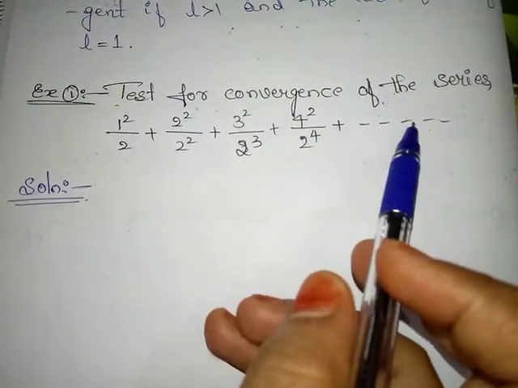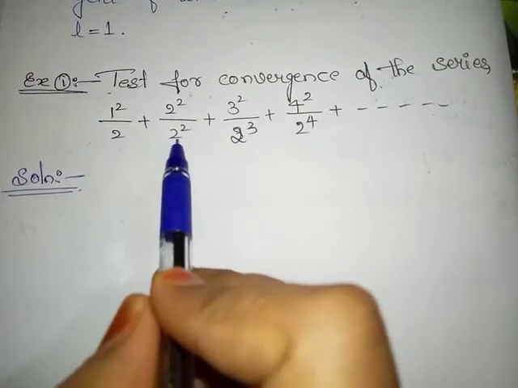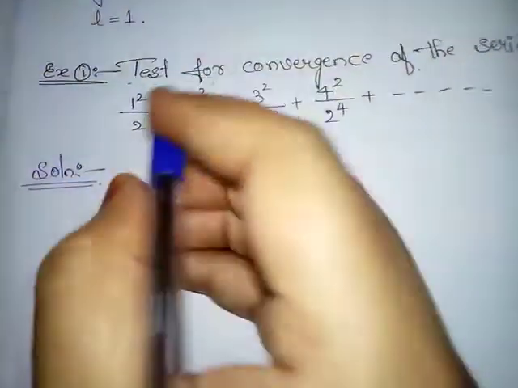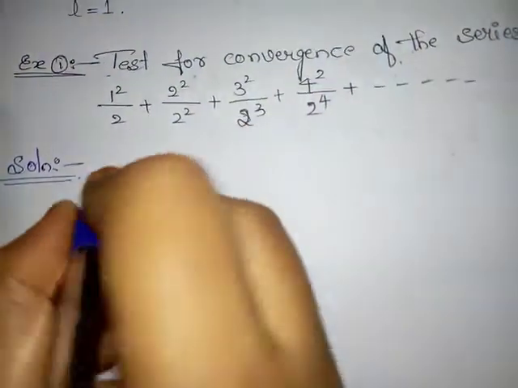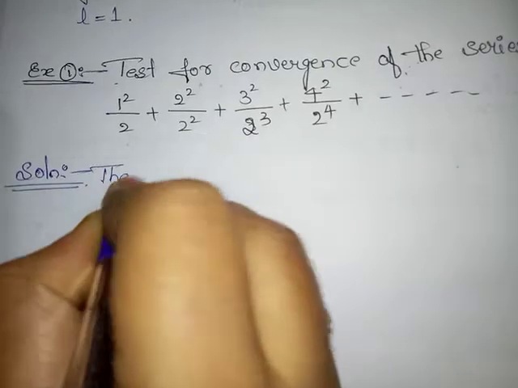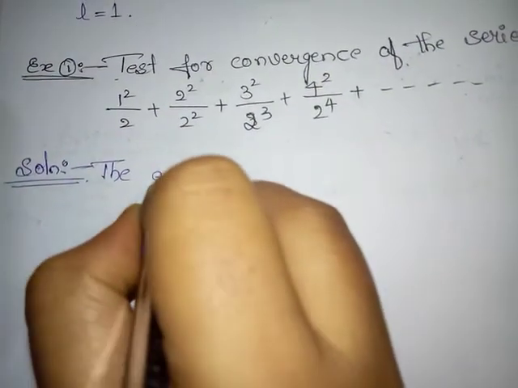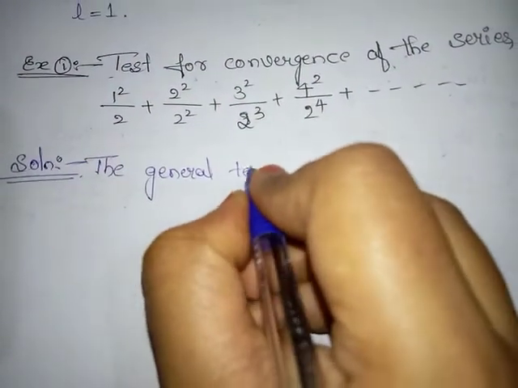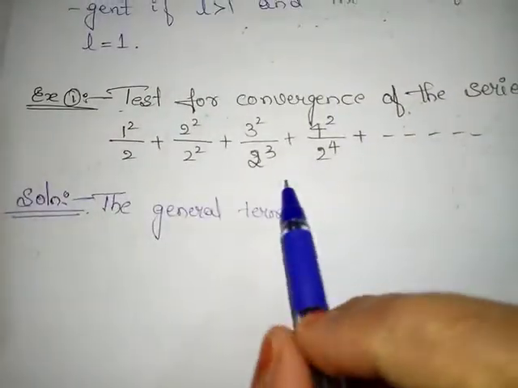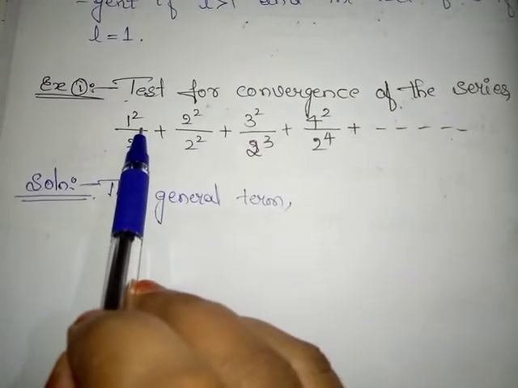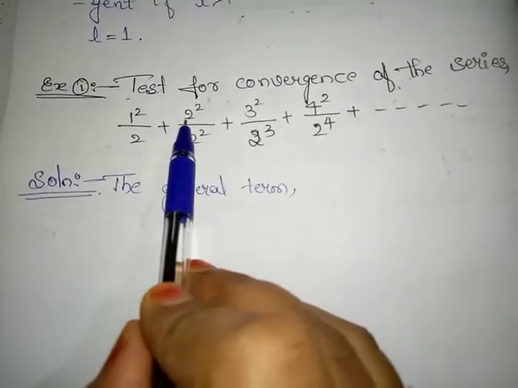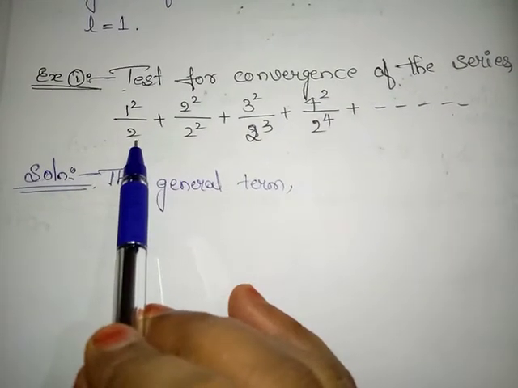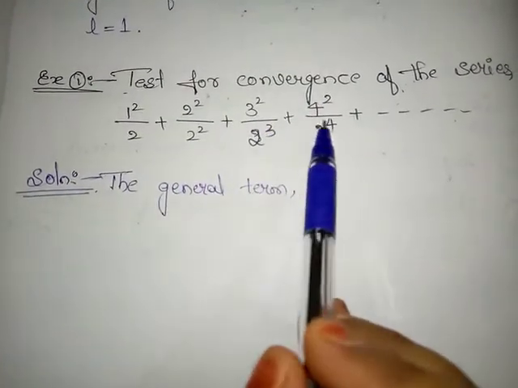To identify that, first we have to clearly observe the beginning terms given in the series. On observing that, we have to write the nth term or the general term for this given series. See, numerator terms are 1 square, 2 square, 3 square, 4 square, and denominator terms are 2, 2 square, 2 cube, 2 raised to 4.